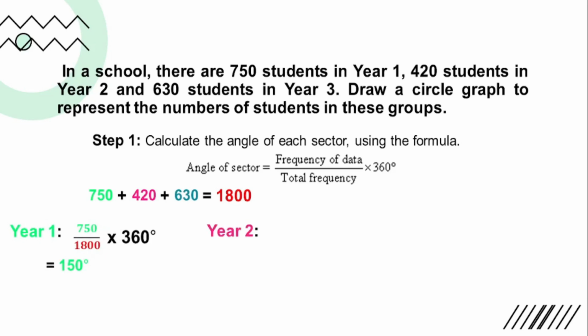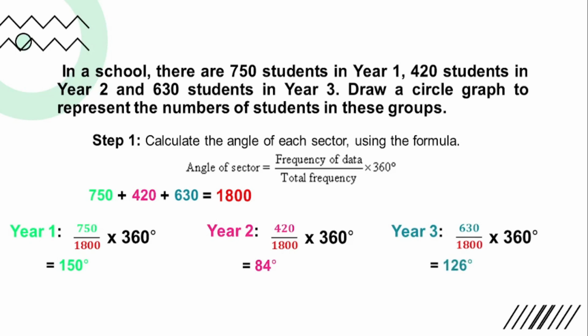For year 2, we have 420 over 1800 times 360 degrees, which gives a value of 84 degrees. For year 3, we have 630 over 1800 times 360 degrees, which is equal to 126 degrees.